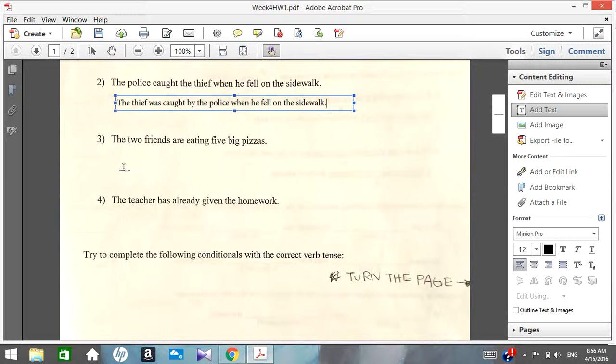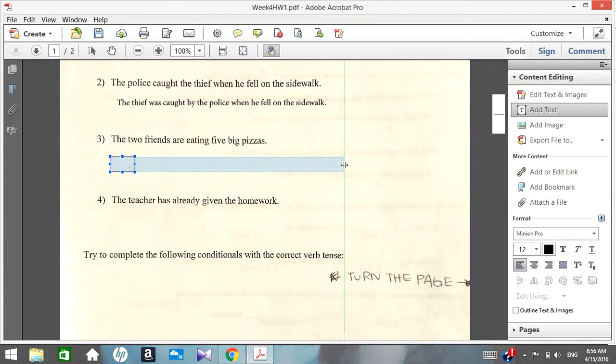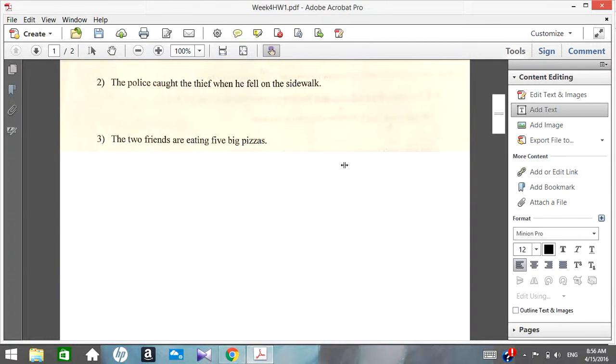The 2 friends are eating 5 big pizzas. So first thing that you have to see, okay, it's in the present progressive. And I have my object here, 5 big pizzas. So this whole thing is my noun. So I have to make sure I include it in my answer. 5 big pizzas.